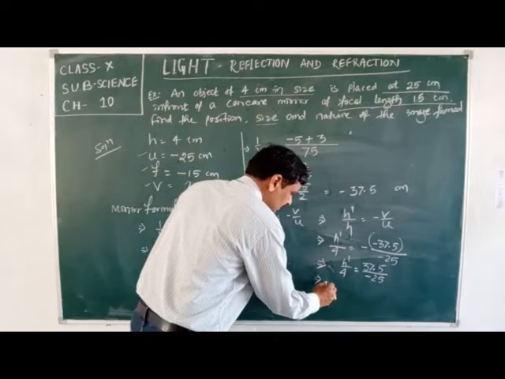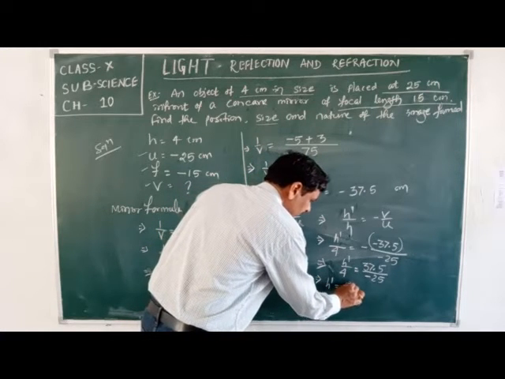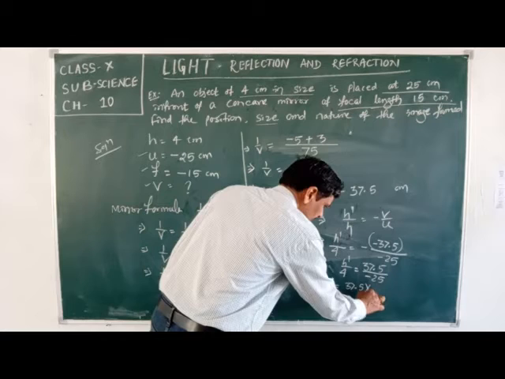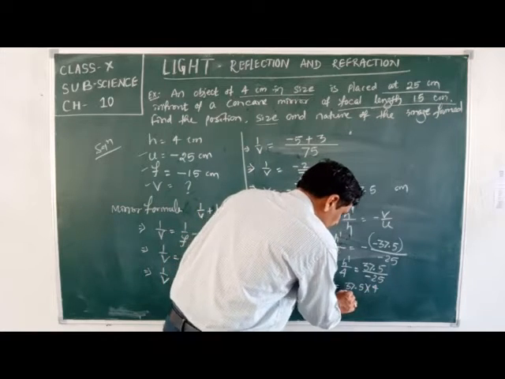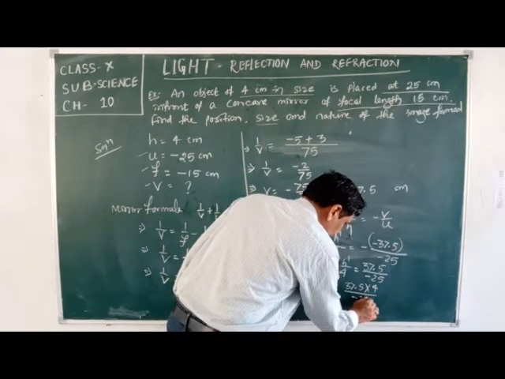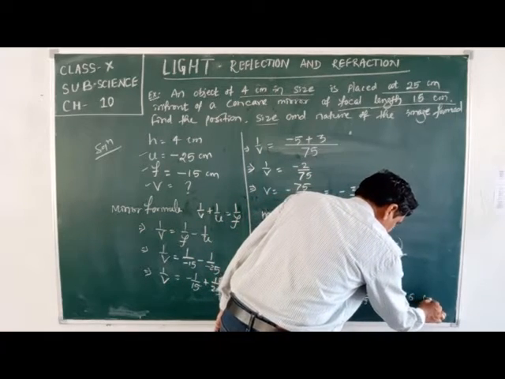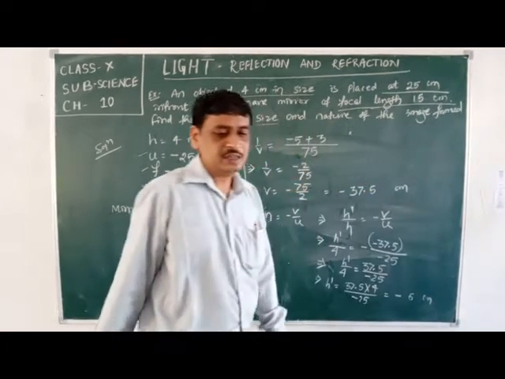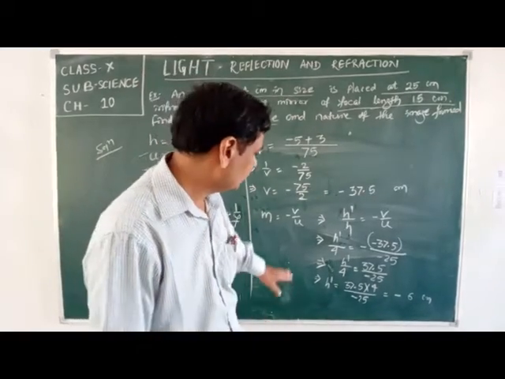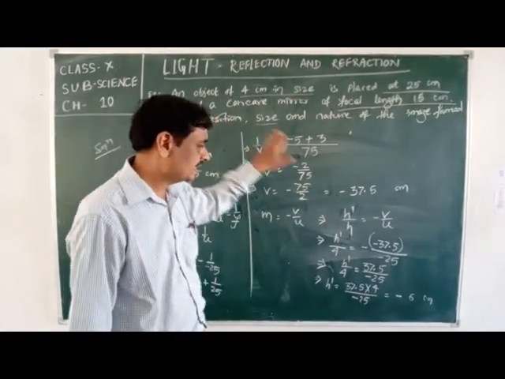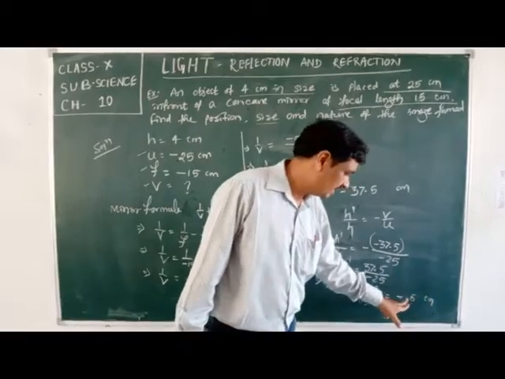This implies h' is 37.5 into 4 by minus 25, which is equal to minus 6 cm. It is minus 6 cm. The size of the image is 6 cm, but it is represented with a minus sign.